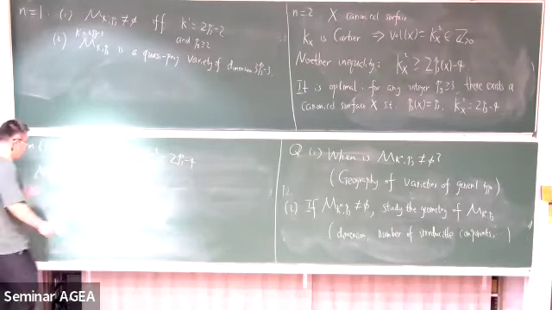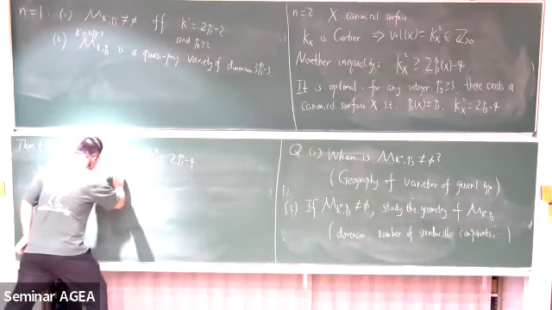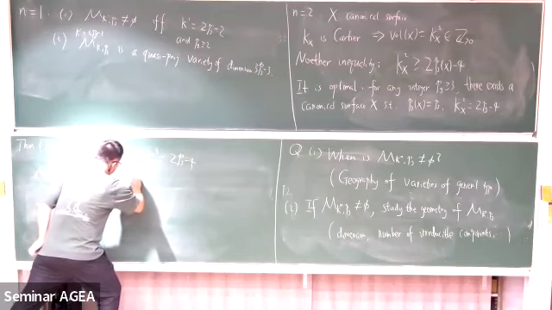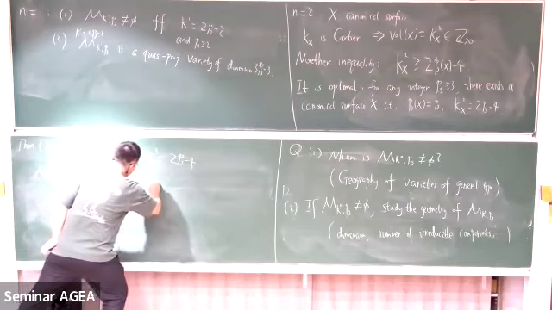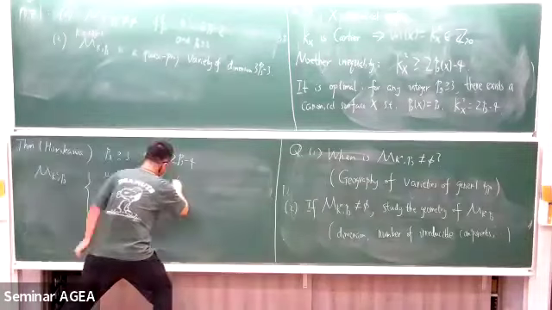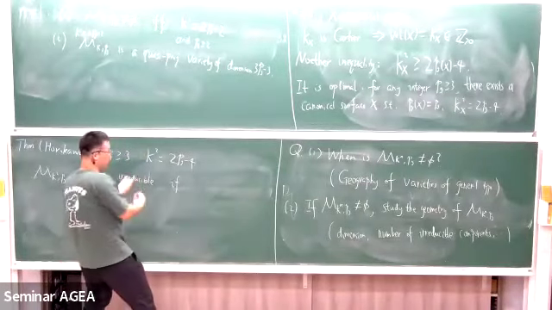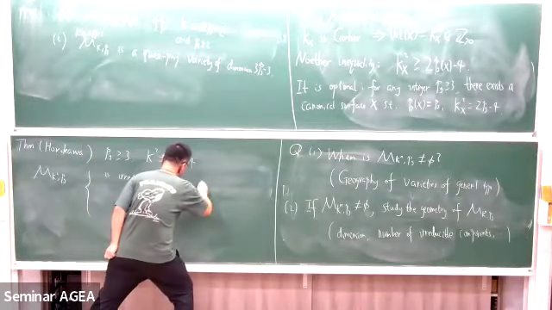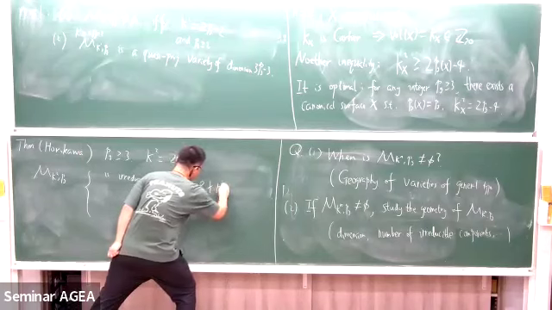Horikawa proved that this moduli space is irreducible if the canonical volume is not divisible by 8.